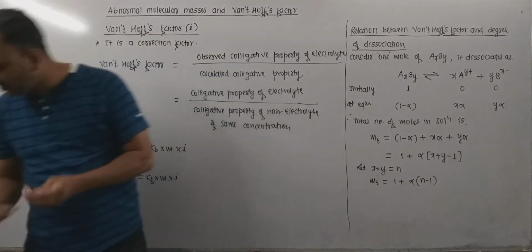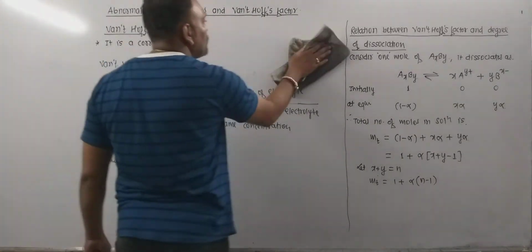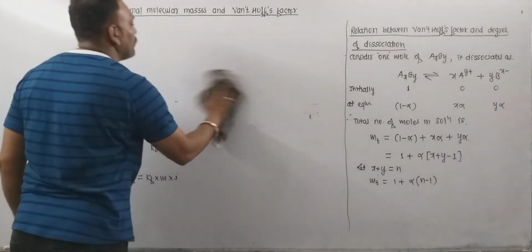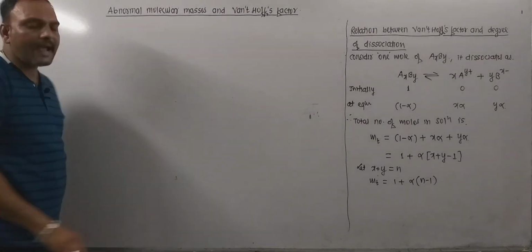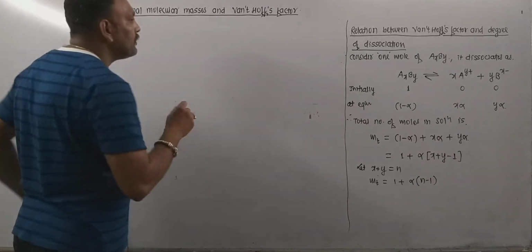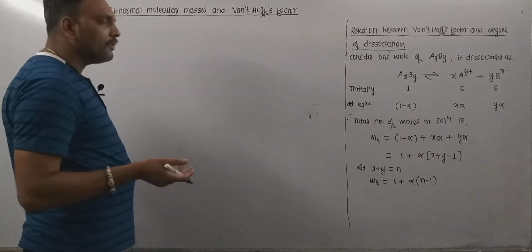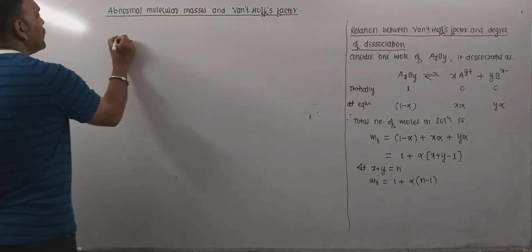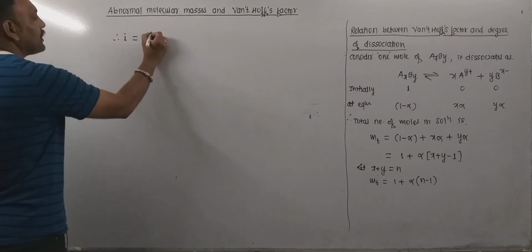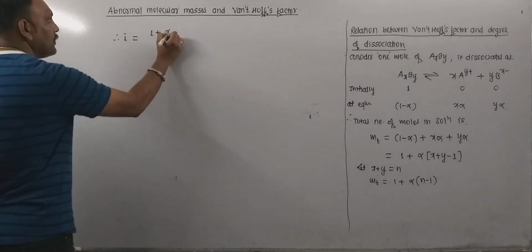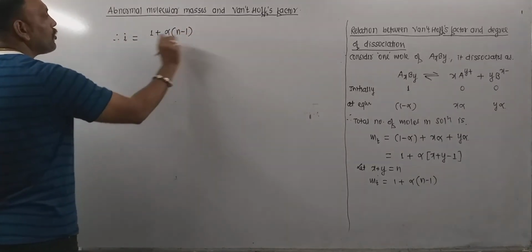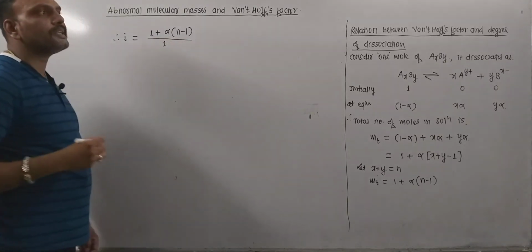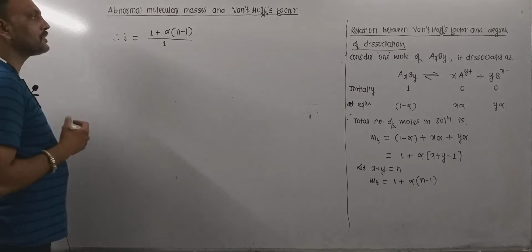We know that the Van't Hoff factor is the observed colligative property divided by the calculated colligative property. Now we have considered 1 mole of solute, and on dissociation we are receiving this many moles. Thus Van't Hoff factor i is equal to 1 plus alpha into (n minus 1), the total number of moles after dissociation, divided by 1, as we considered just 1 mole of electrolyte AxBy.